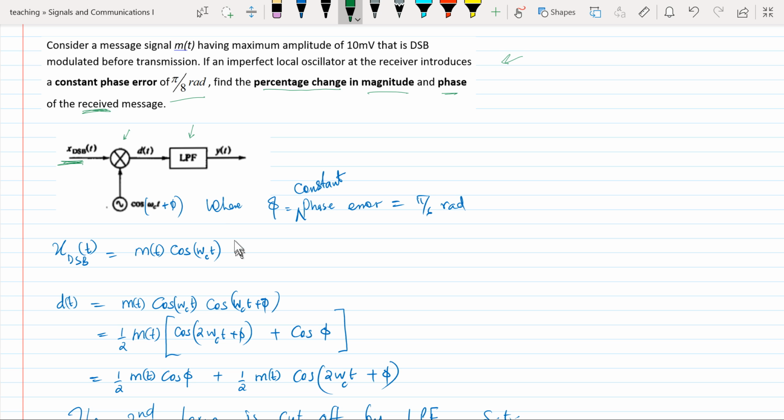So having said that, what we just need to notice is that we are told that this local oscillator introduces a constant phase error phi, which is equivalent to pi over 8.